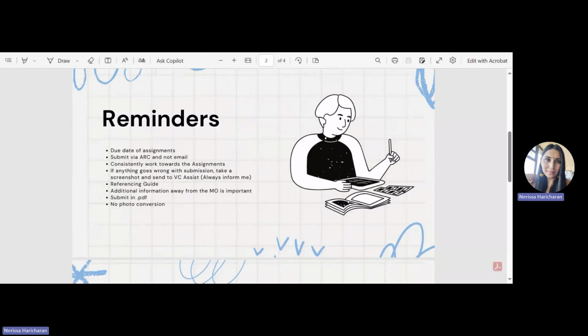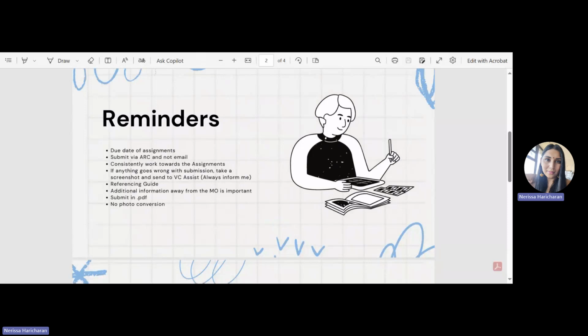You need to consistently be working towards your assignment. Try not to procrastinate and leave everything for last minute, because that's where things go wrong. Read and listen to the slides and the recordings for tips, especially a recording like this one. It does help.